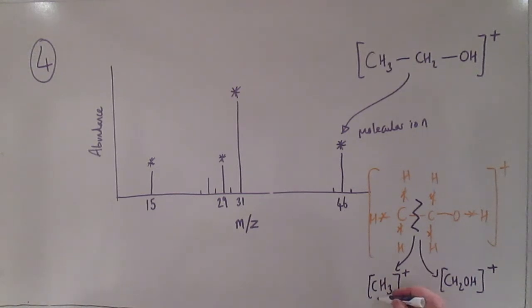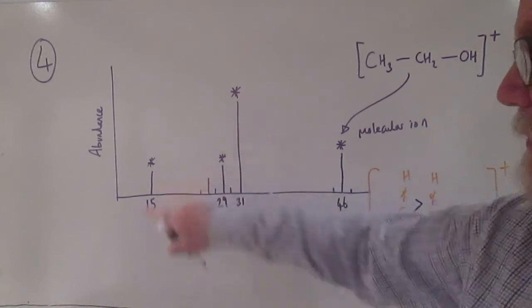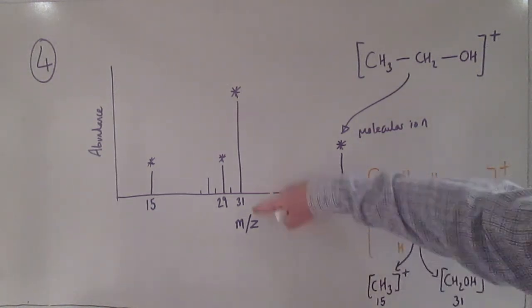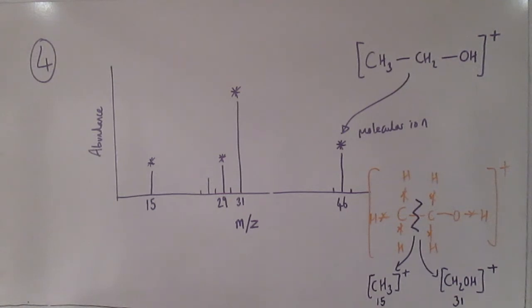This would give an m/z of 15, and we can see there is a peak at 15, which is consistent with CH3+ being formed sometimes. This gives an m/z of 31, and we can see it's a much bigger peak, and that suggests that this fragmentation happens, and that when it happens it's more likely that you'll get CH2OH+ rather than CH3+, but that doesn't always happen.